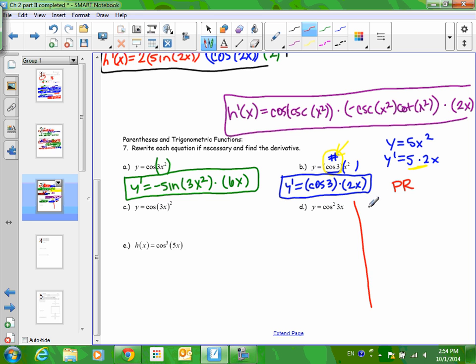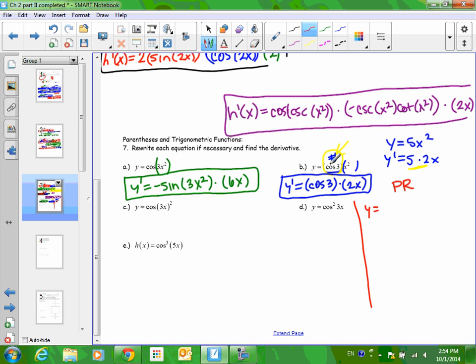You would have had y equals, what's the derivative of cosine of 3? If you say negative sine of 3, you're applying chain rule. So then we have to go times the derivative of 3, which is 0.